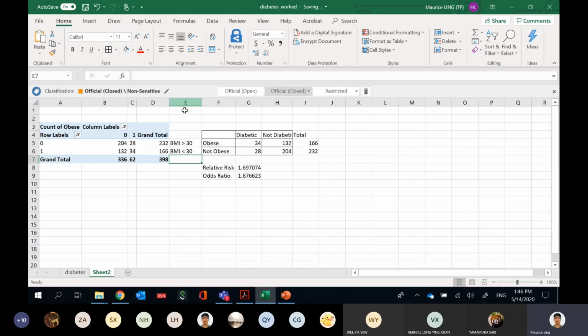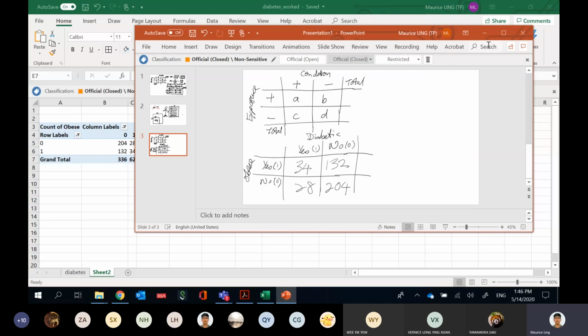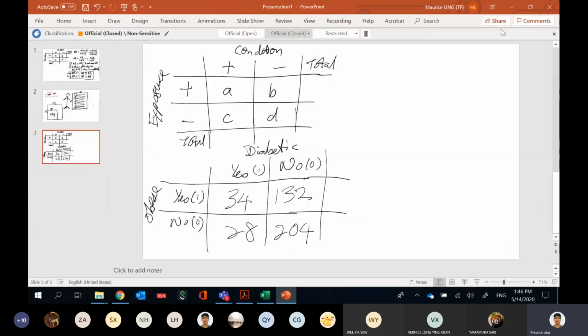So you can actually rate, let's say if BMI is 35 or BMI is 25, how does the relative risk increase? So you can do a multiple plot. Now let's say BMI is 30, you have the odds ratio of 1.87.